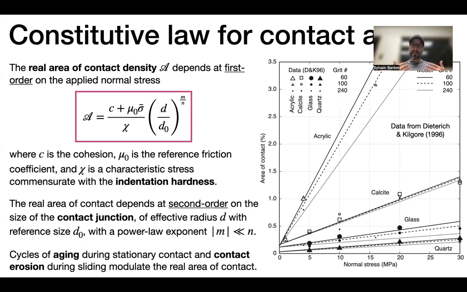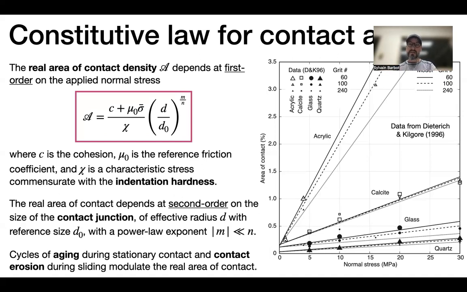And so we can directly test this formulation against the data for transparent materials collected by Dietrich and Kilgore, where we can fit the material hardness, the friction coefficient, cohesion, and also the power law that controls the sensitivity to the size.